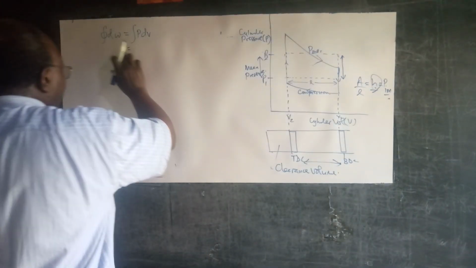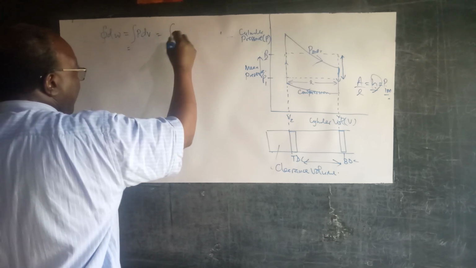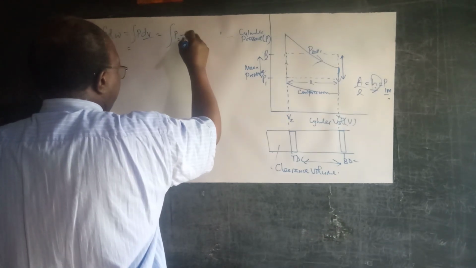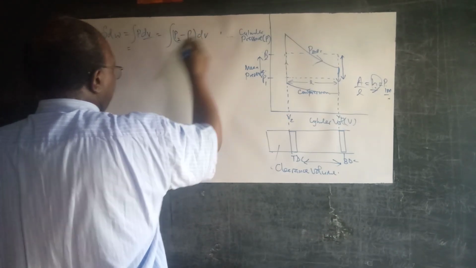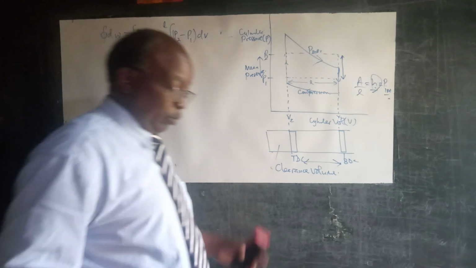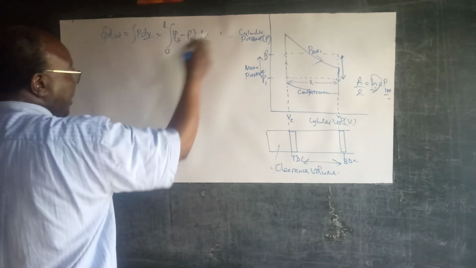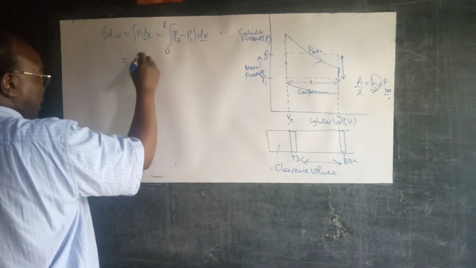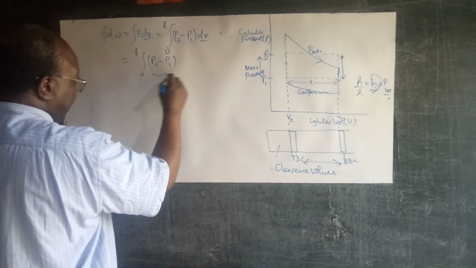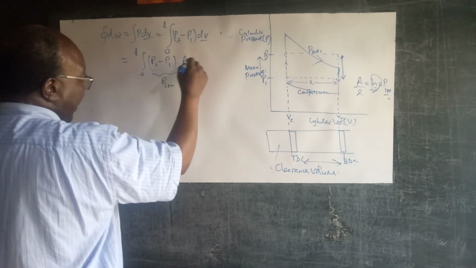Now, we are talking in terms of computing work. So we are saying that is from P2, so we have P2 minus P1 dV. We are starting from 0 to L. That corresponds to that stroke there. So what we are saying is that this is basically the integral from 0 to L of P2 minus P1, which, remember, is the indicated mean effective pressure, times A dL.